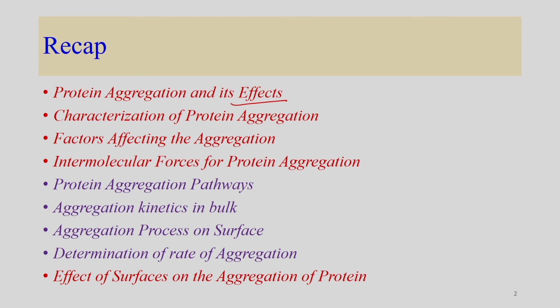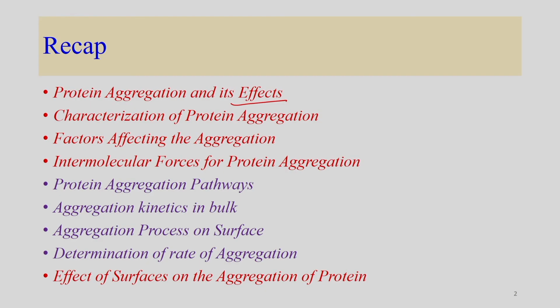Then we discussed the different pathways by which a protein molecule converts from a native state to an aggregated state. We discussed three pathways: from native to intermediate to unfolded to the aggregate, then from native directly to the aggregate, and one from the native to its degraded component, then to the aggregate. Then we discussed how we can analyze the kinetics of aggregation in the bulk.